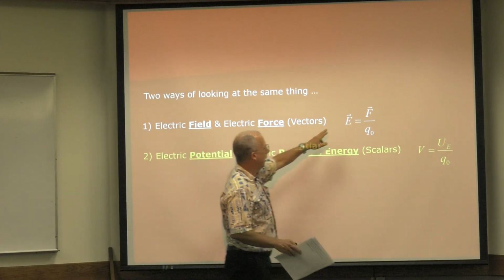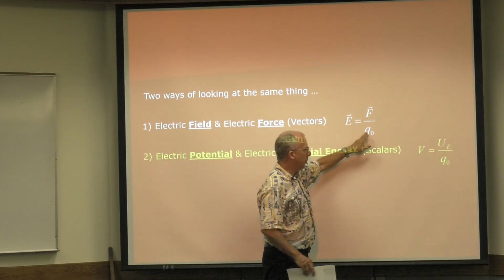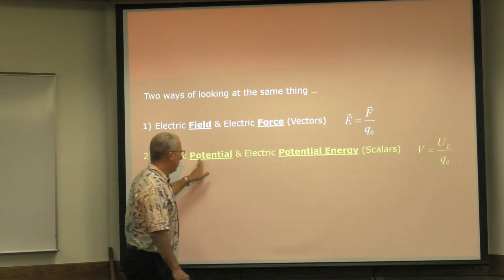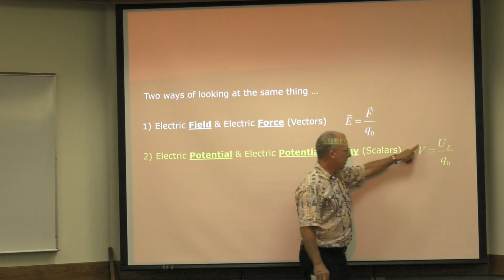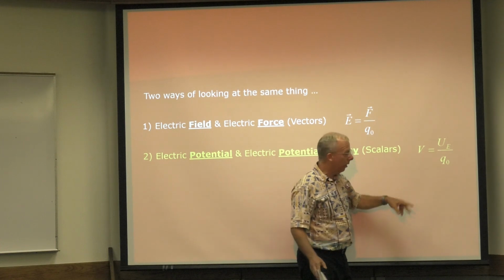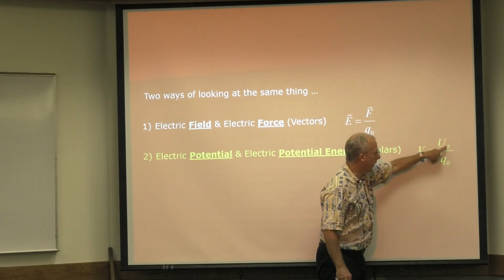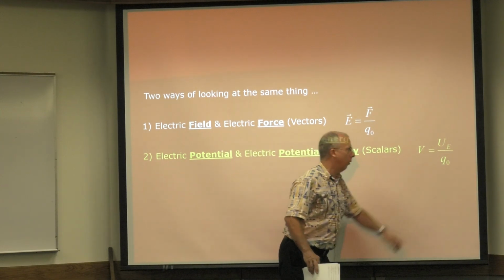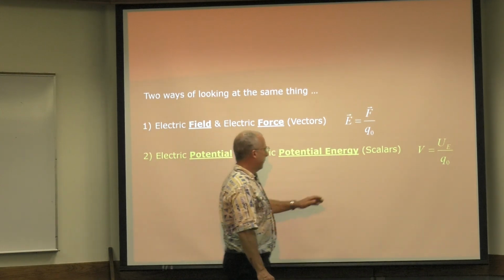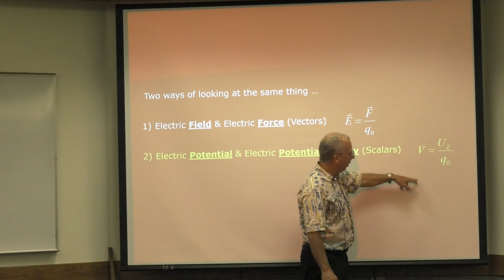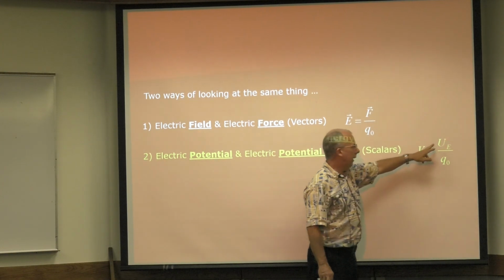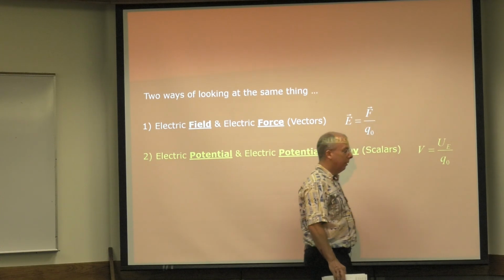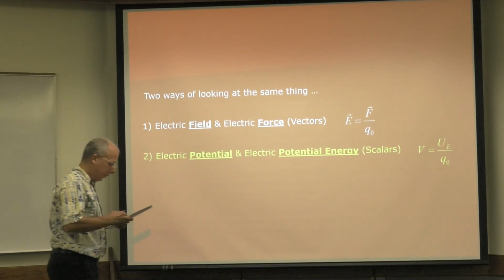Here we had E equals F divided by the probe because we don't want this to depend on the probe. I said that the potential is related to potential energy. So this is the potential, V, that's why they call it a V field. So V equals electrical potential energy divided by the probe because we don't want this to depend on the probe, okay? So the potential or the voltage or the V field is the potential energy divided by the probe charge.